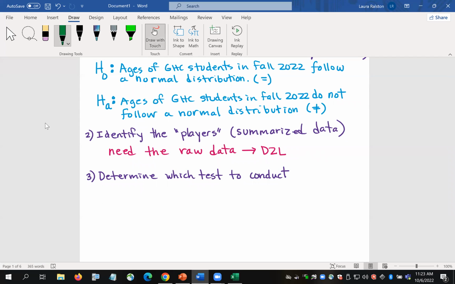So my only option here is to do the Anderson-Darling test for normality. That's the only one we're going to talk about with respect to determining whether a distribution is normal or not. So that's the only test I can run.